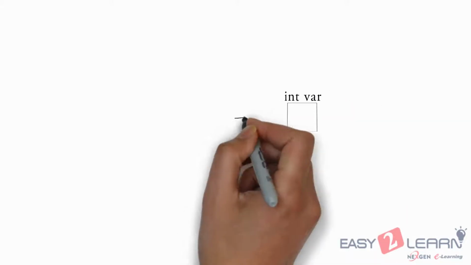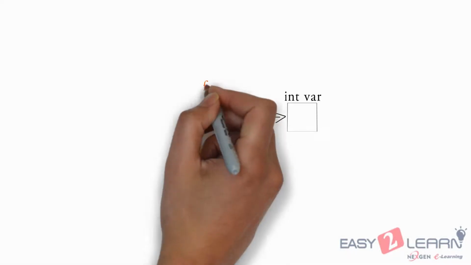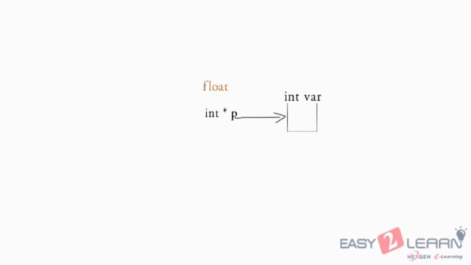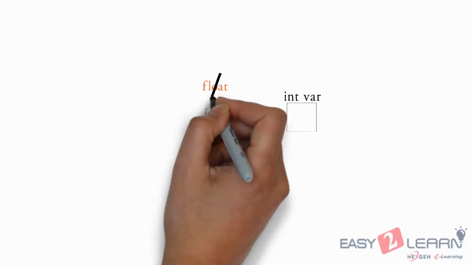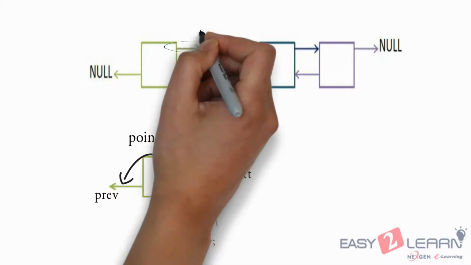Why this pointer of type node? Observe here, we have a variable and we need a pointer which points to that variable. So if I use float, then it will show an error, so we should not use float. And observe, this is the struct node.